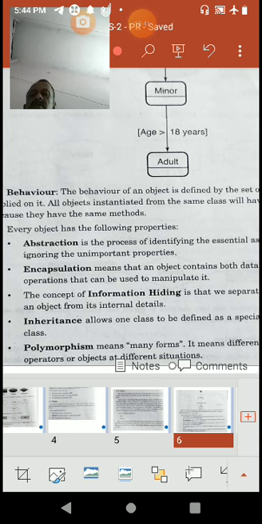privacy and security. Privacy means when, how, and to what extent data should be given to users.